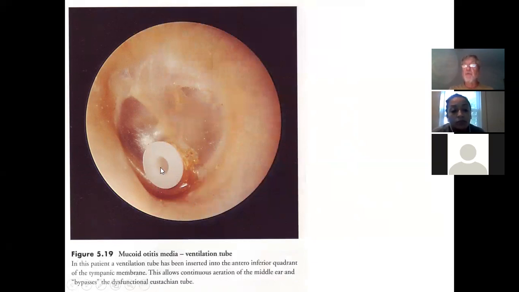And there's reasons why they do that. It's because the child's eustachian tubes going from the back of your throat to your ears are not functioning correctly. They're swollen shut. And so the middle ear gets ear infections. So what they sometimes do, so the child doesn't have to take antibiotics all the time, is they put a hole in the eardrum. This naturally grows out by itself. It'll fall out after a few months.